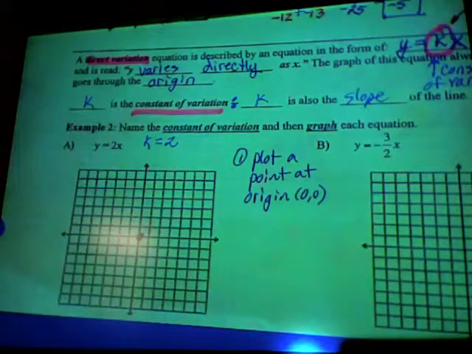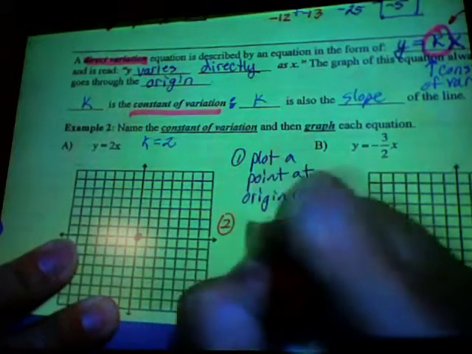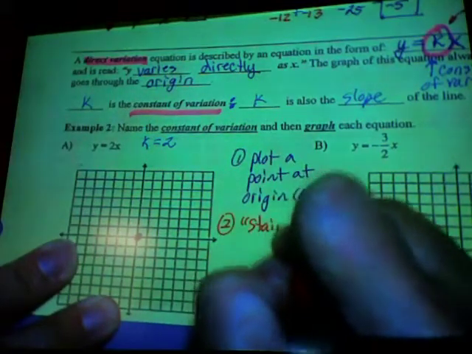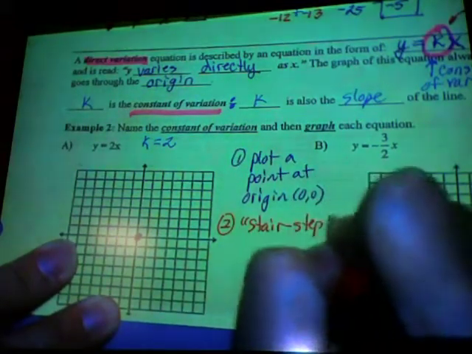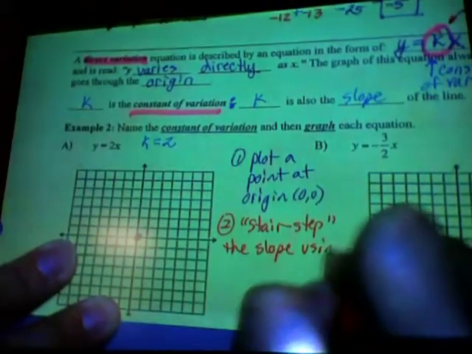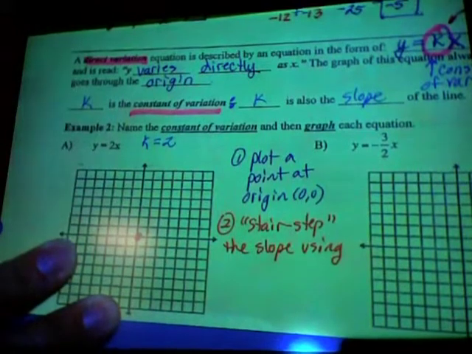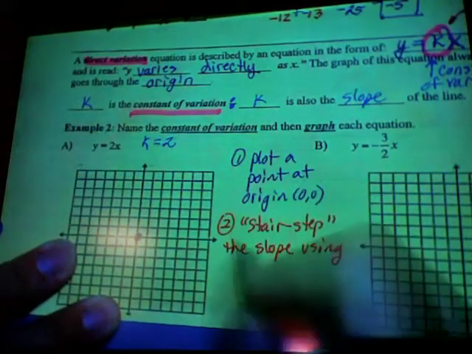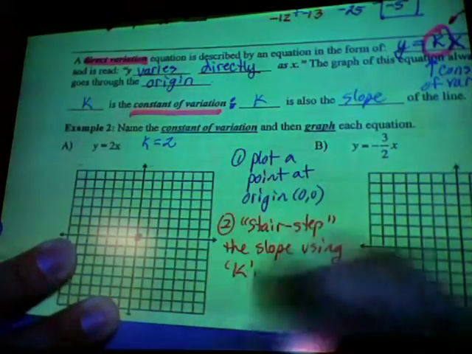So then the second thing that we're going to do is stair step, and that's a technical term, the slope using k, the constant of variation.